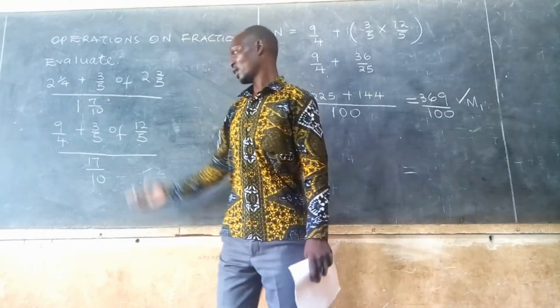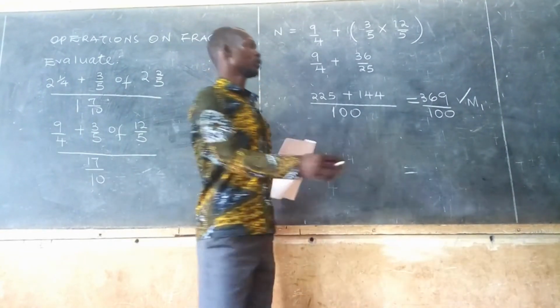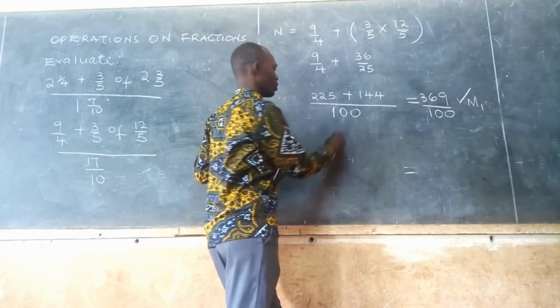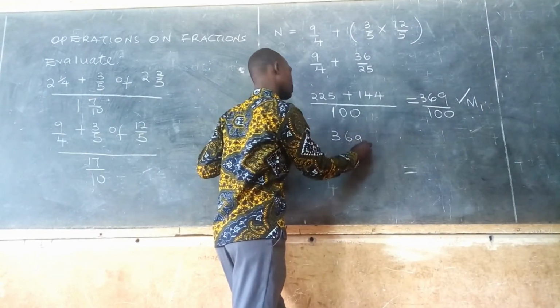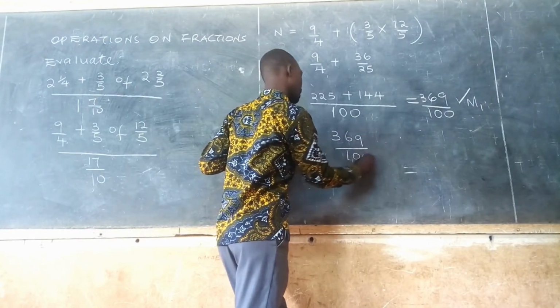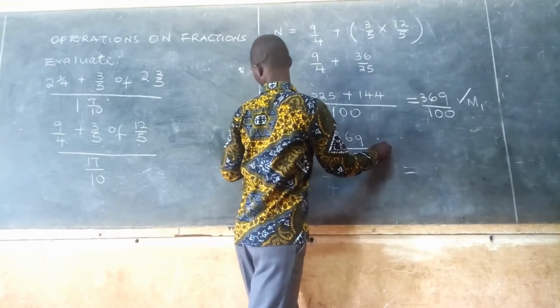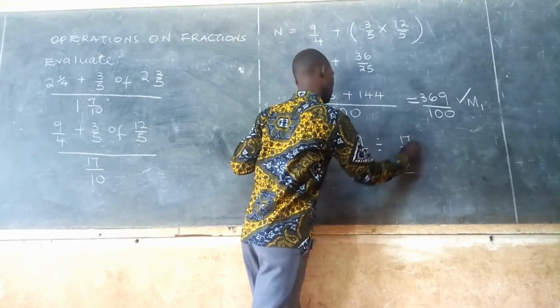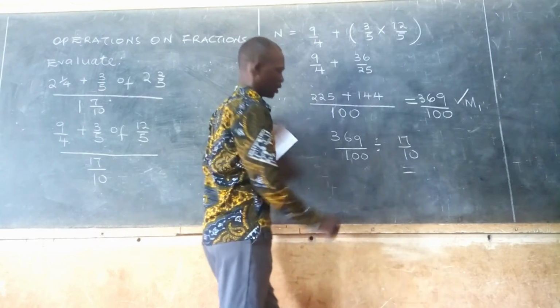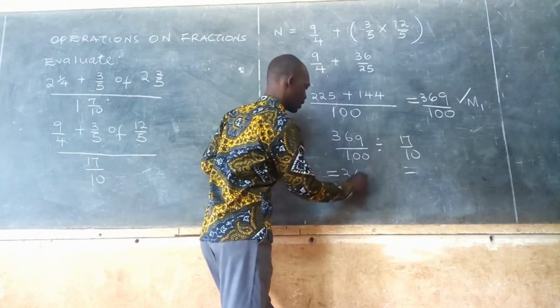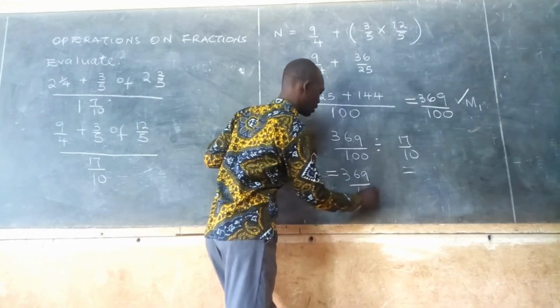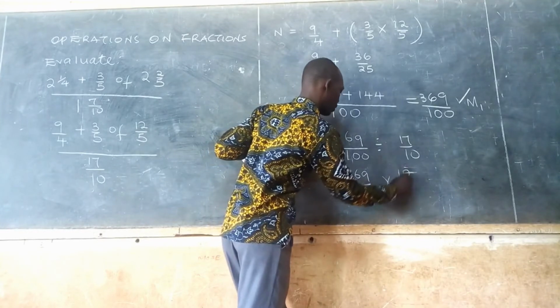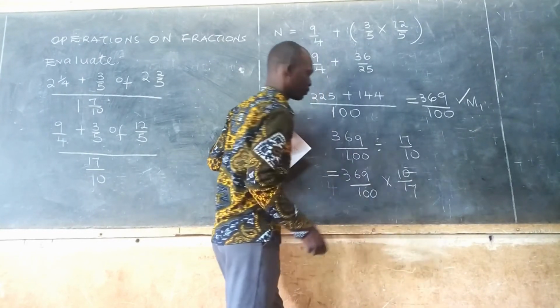Our denominator here is already worked on. So the only thing I now need to do is numerator over 100 divided by the denominator. Our denominator is 17 over 10. So this one gives me 369 over 100 times 10 over 17.